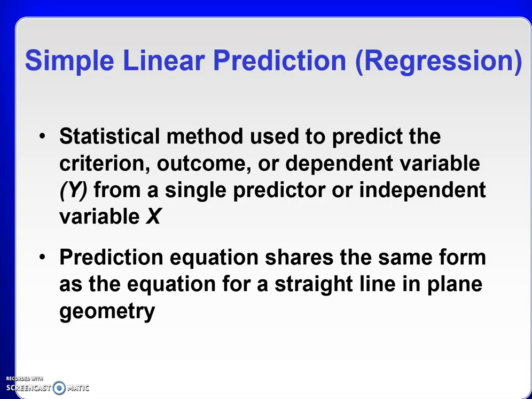And this is nothing more than a statistical method that's used to predict the criterion outcome, or the dependent variable y, as we look at the predictor or independent variable of x. And we're not going to go into it, but it is listed in the textbook that as we use this prediction equation, it shares the same form as the equation for a straight line that you probably learned sometime in geometry. So this is linear prediction.